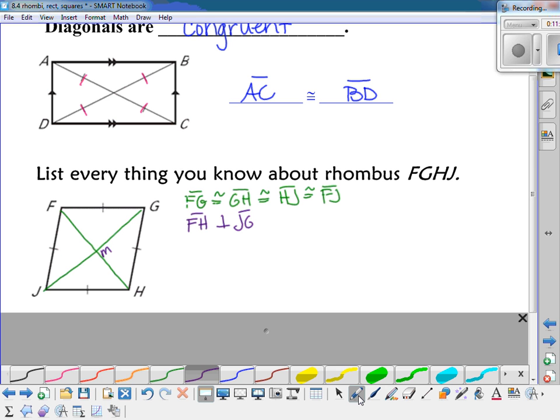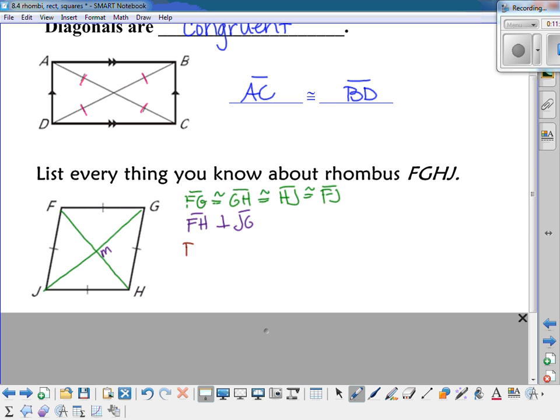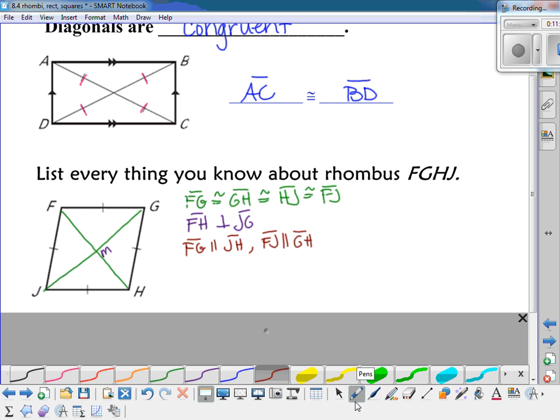It's a parallelogram, so I know that both pairs of opposite sides are parallel. So I know that FG is parallel to JH, and I know that FJ is parallel to GH because it's a parallelogram. And also because it's a parallelogram, I know that opposite angles are congruent.